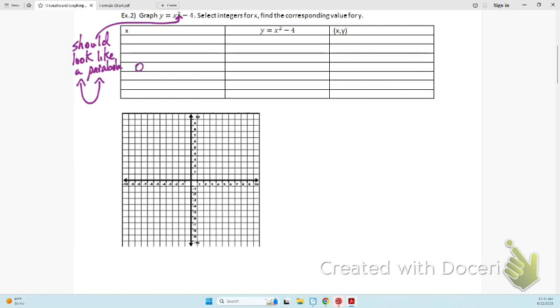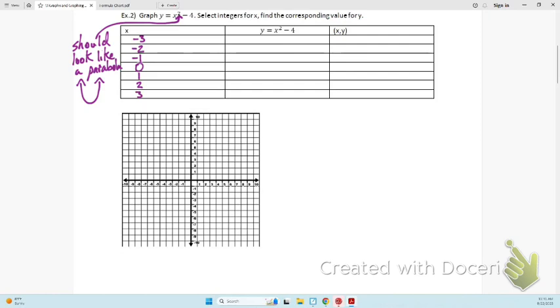So let's start with 0 and pick 3 points to its left, 3 points to its right, and plug them in. If you don't pick points close to 0, then you're going to go way off this grid that I've made.